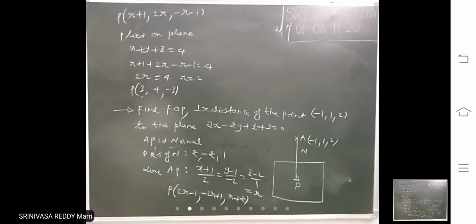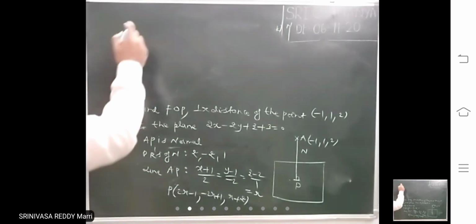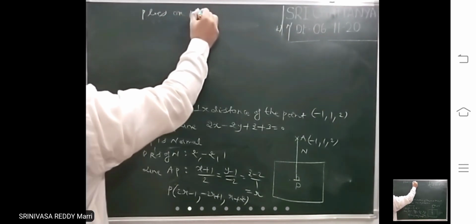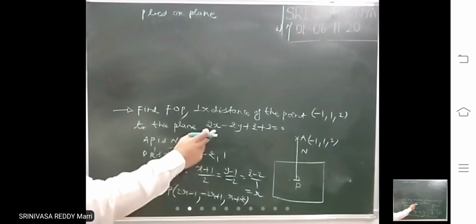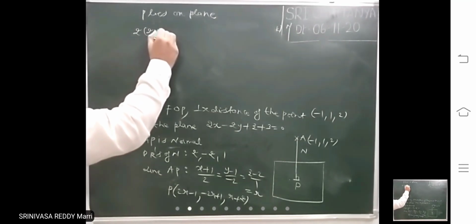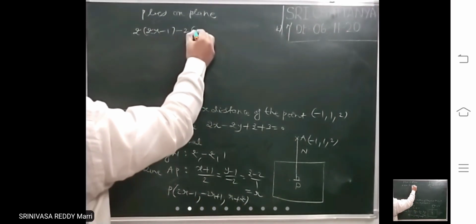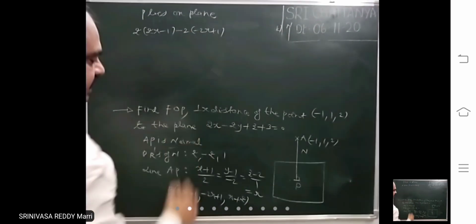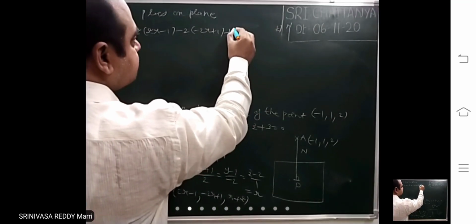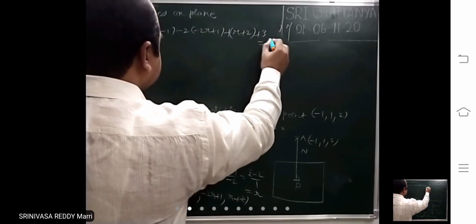This P point lies on the plane. So P lies where? On the plane, intersection point. P lies on the plane. Therefore, 2 into (2R minus 1) minus 2 into (minus 2R plus 1) plus (R plus 2) plus 3 equal to 0.